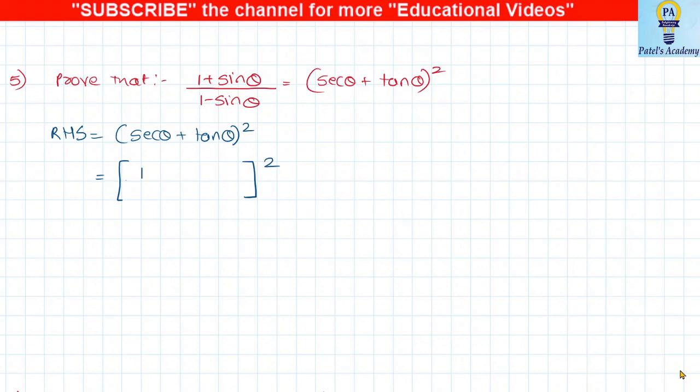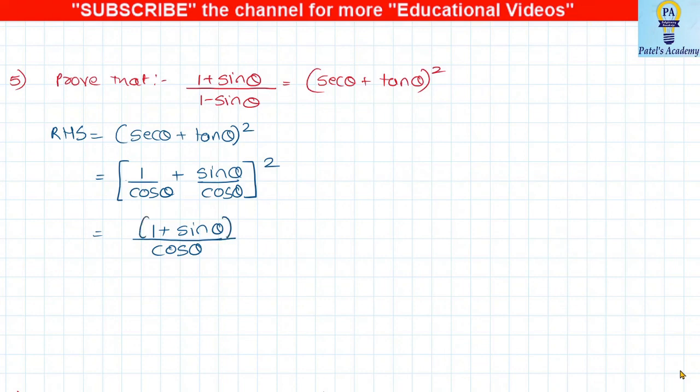So sec is nothing but 1 upon cos theta, and tan theta is nothing but sine theta upon cos theta. Now I have the same denominator, cos theta, so I will have (1 plus sine theta) bracket square. Now I'm putting the bracket square in the numerator and in the denominator separately. Why? Let's see the next step.